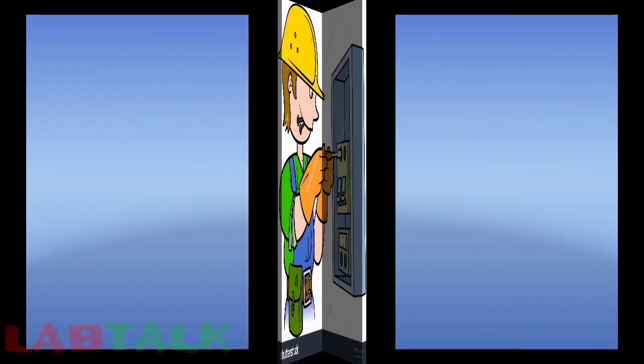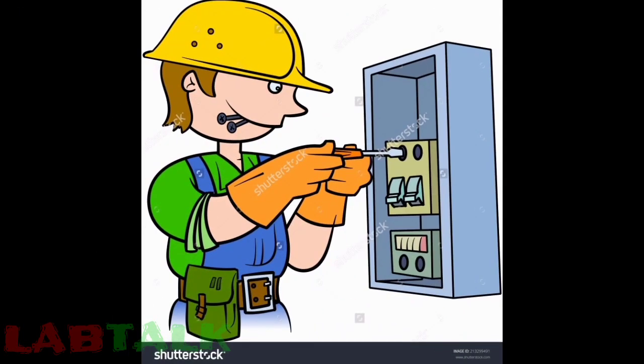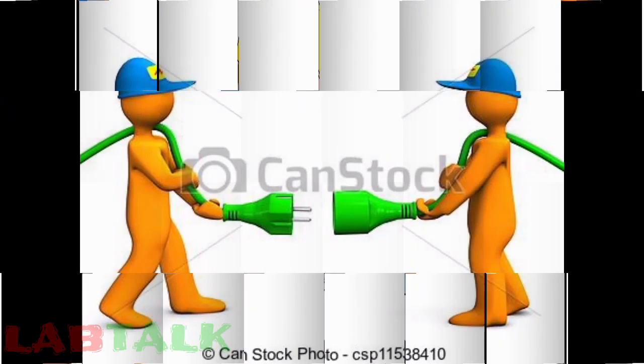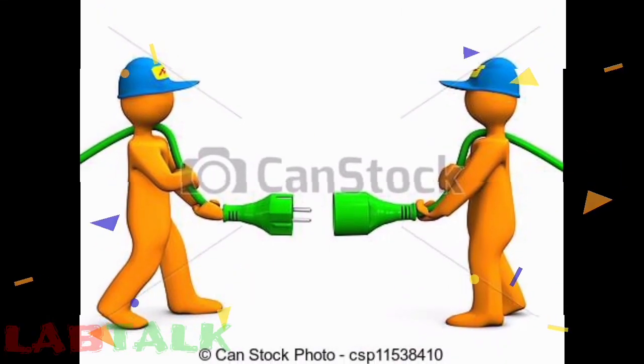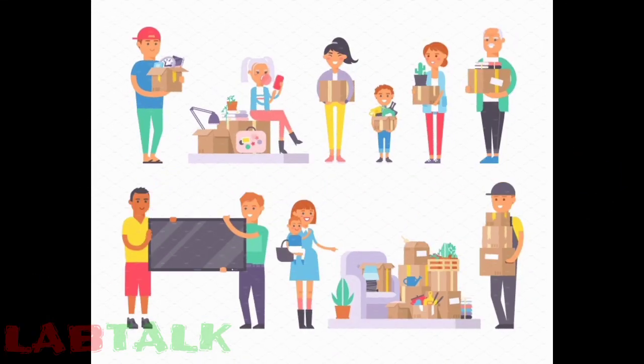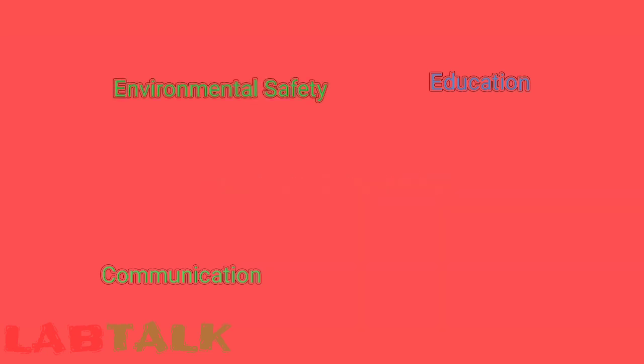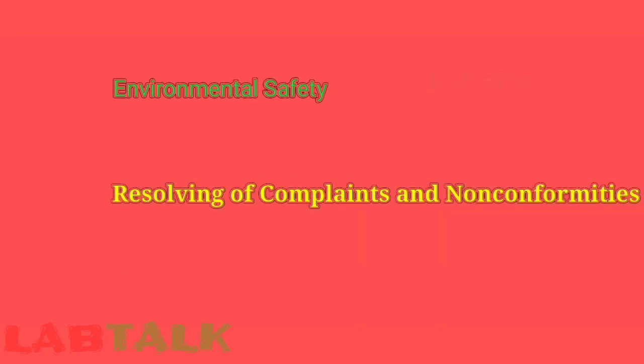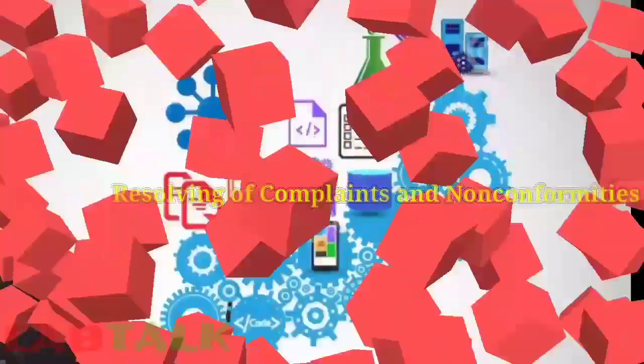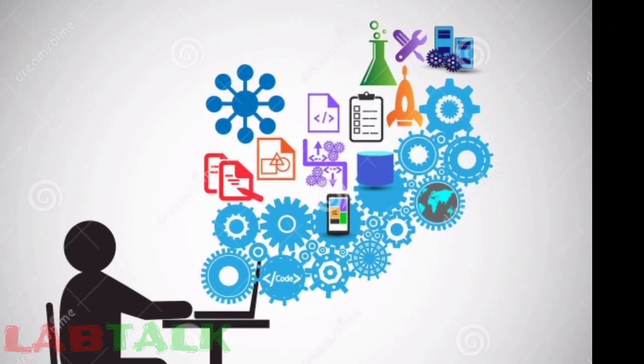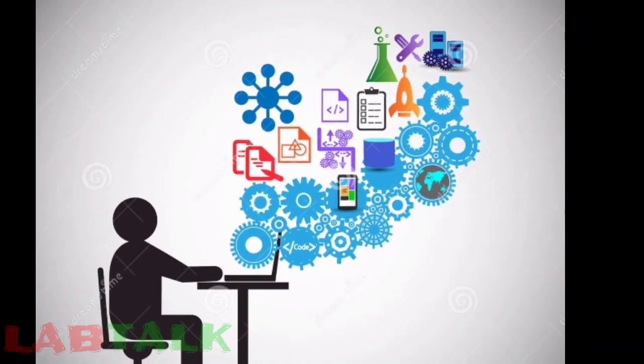In addition to the key processes in the laboratory operation, strategic and support processes are also important for successful functioning of a laboratory. Those processes refer to the laboratory organization, communication, education, environmental safety, resolving of complaints and non-conformities. All those activities have a substantial effect on the overall quality of laboratory processes.